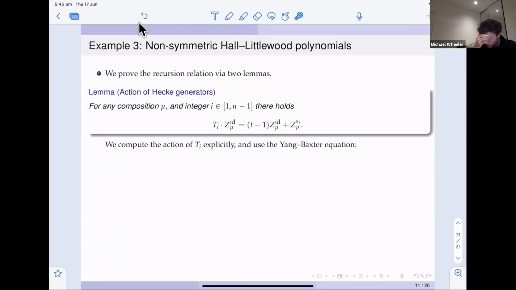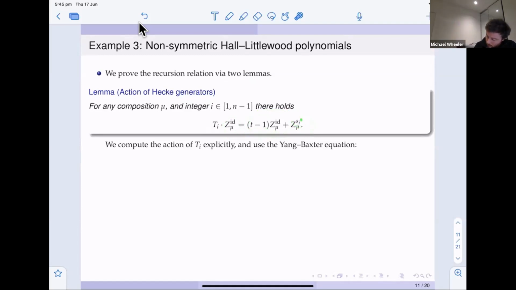All right, so what do we have to do? We have to act on our partition function, which is this thing here, with T sub i. And the claim is that it gives you this. So what's happening here? It gives me the same object back again with a t minus 1, and it gives me this partition function where I end up doing a permutation of the colors i and i plus 1.